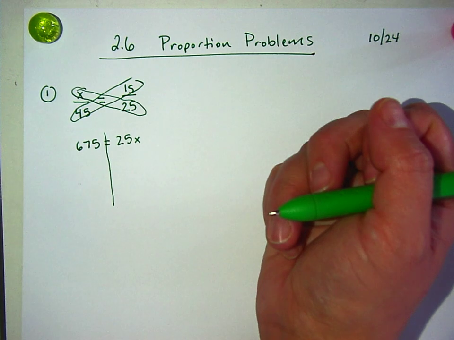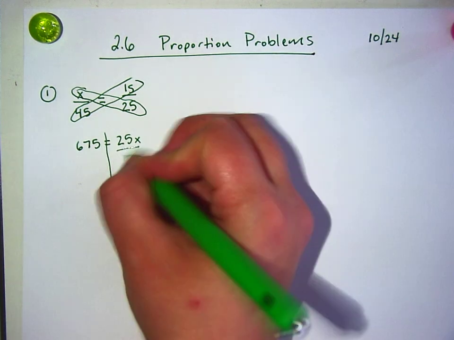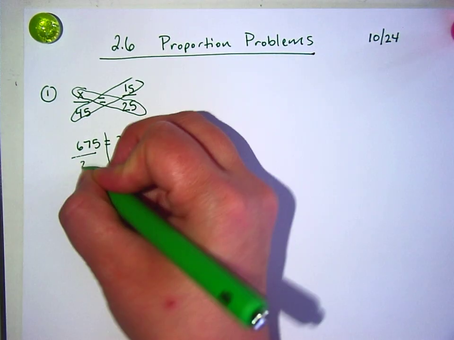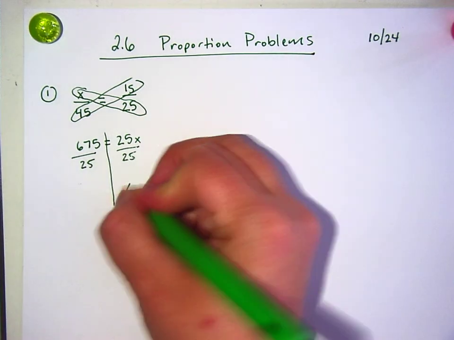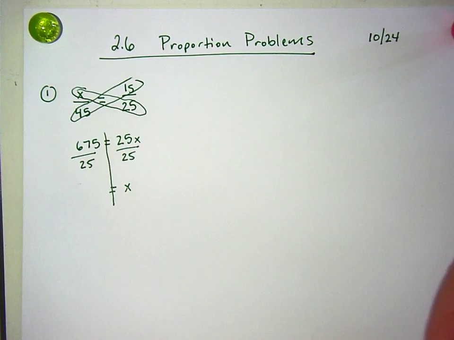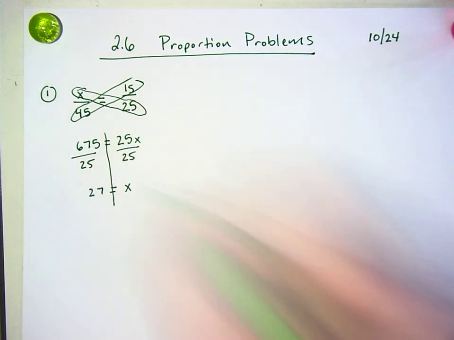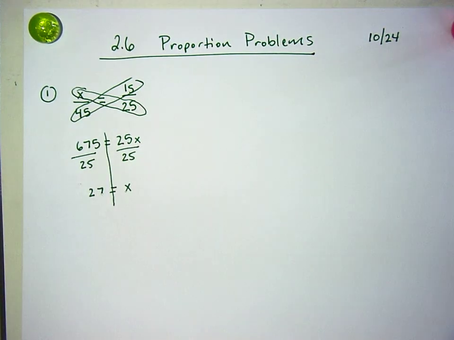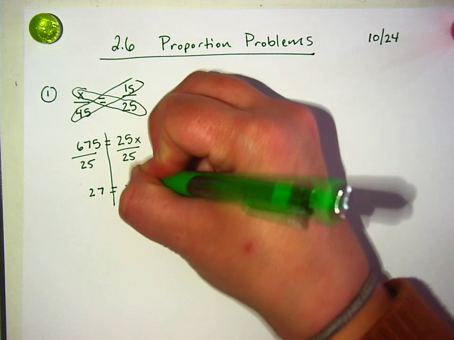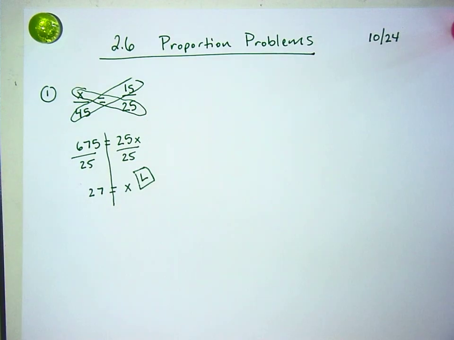How do I get x by itself? Divide by 25 on both sides. 27. All right, so which letter is the answer 27? L, like lollipop. Cross that one off.